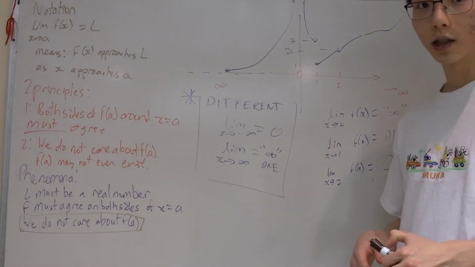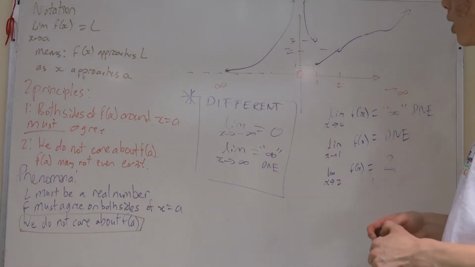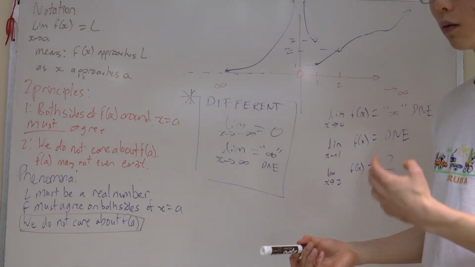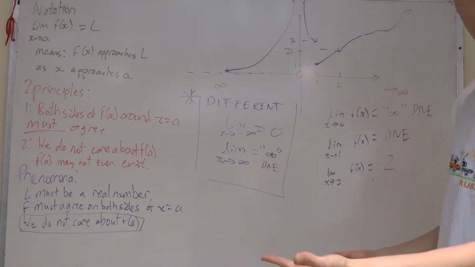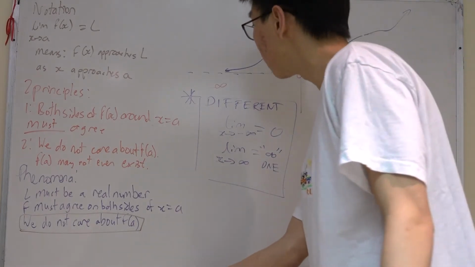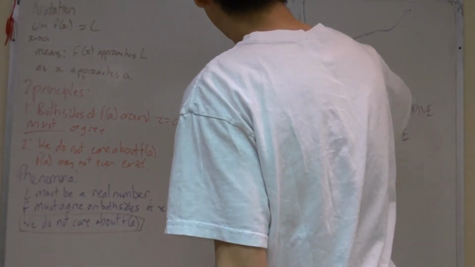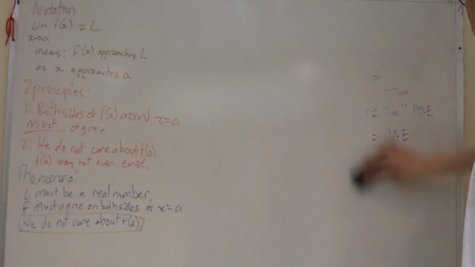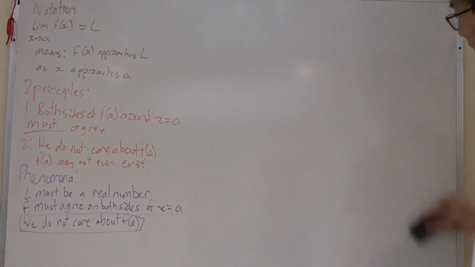There is a case where you don't actually need to look at the graph. You just get the function, and if you want to know the limit, you just plug in the number, right? So to give you an idea of this, let's take another function. We'll call this a special function for now.